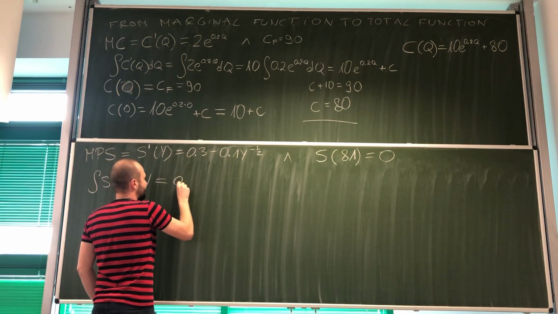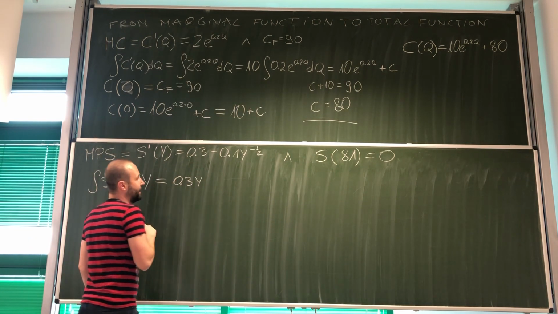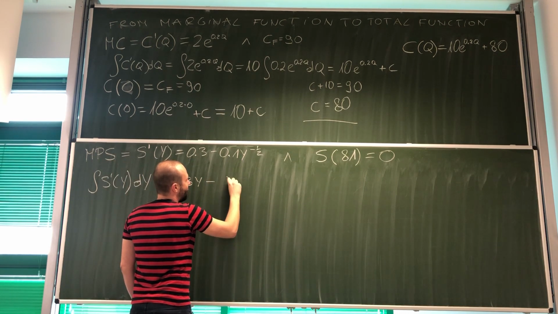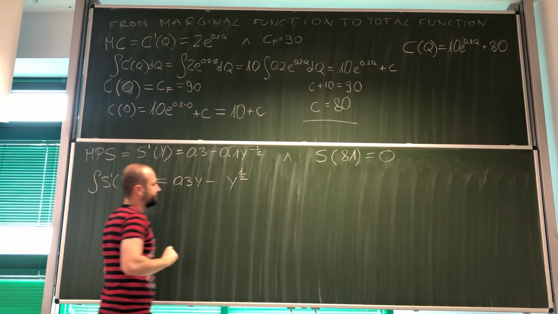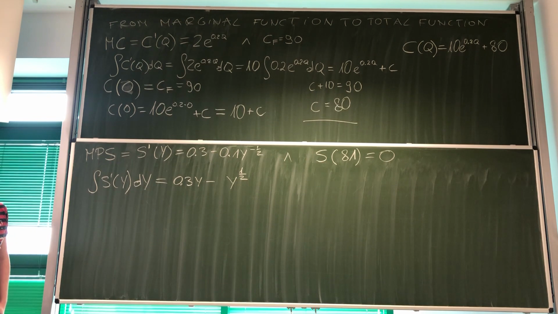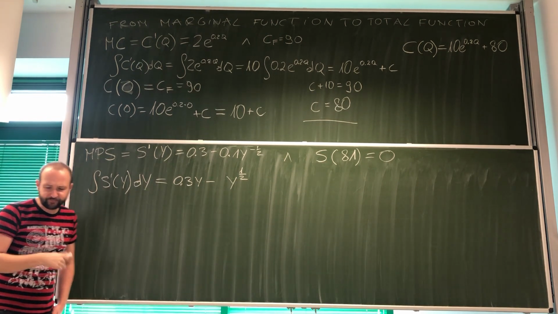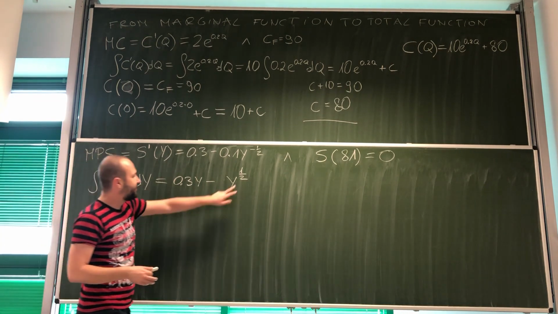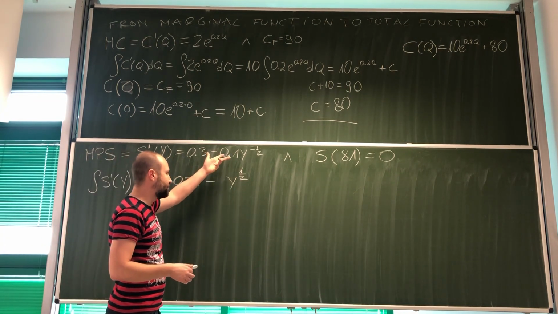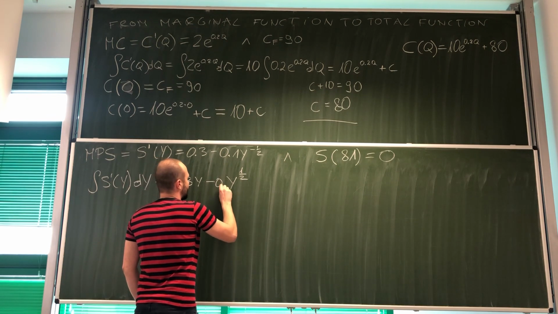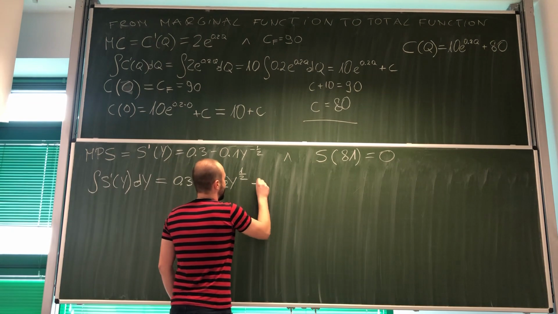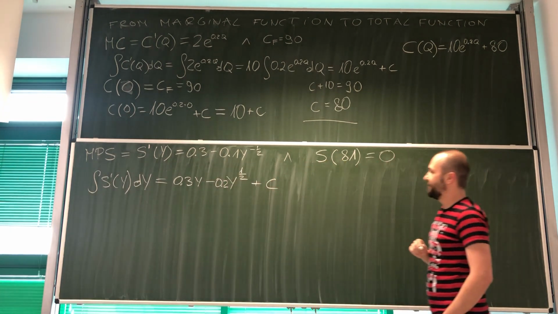Here we will have 0.3 y, and now minus, here we have y to the power 1 over 2 divided by 1 over 2, right? And dividing by 1 over 2 is like multiplying by 2, so we will have 0.2 over here.